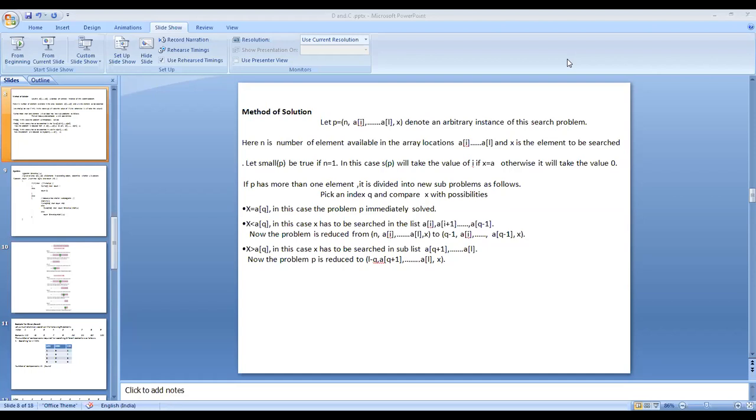If the number you are looking for is less than the middle value, it will be in front of the middle value. So I will search for it in the first portion, and again I apply the same method. Like this, I will proceed. That is how the solution will go on.